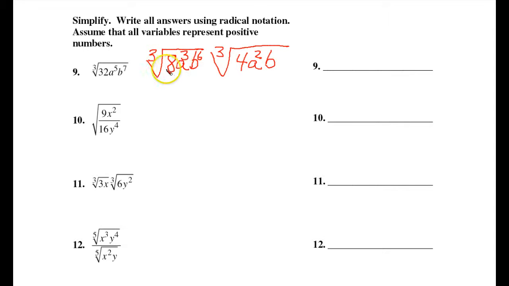Those under the first radical sign are perfect cubes, and then whatever is left. So now you take the cube root of 8, which is 2, cube root of a to the 3rd, which is a, cube root of b to the 6th, which is b to the 2nd, and you just write this one.